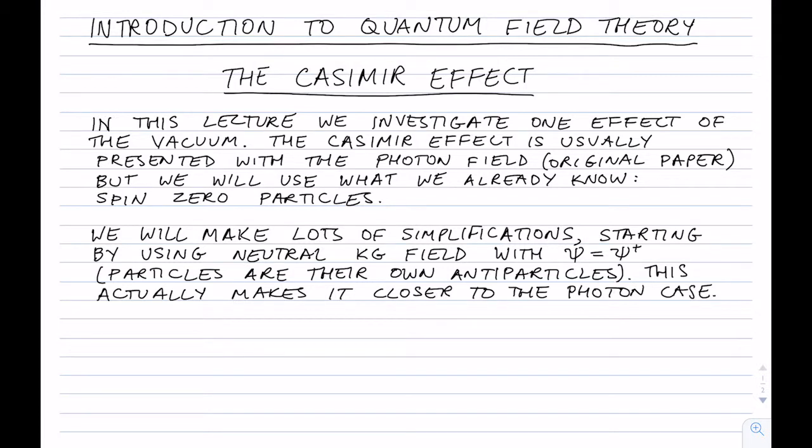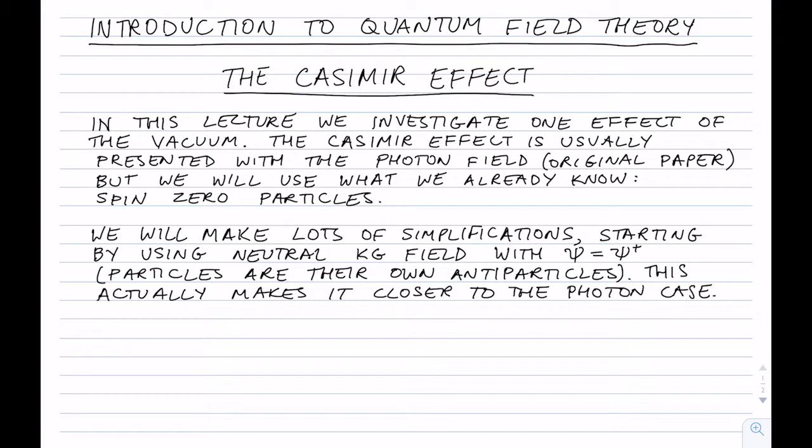We're going to make lots and lots of simplifications to this, starting by using a neutral Klein-Gordon field so that the field is Hermitian. And that means that particles are their own antiparticles. At first, that's going to cost us a little bit because we'll have to write a new Lagrangian and a new Hamiltonian, but then it'll make things easier after that.